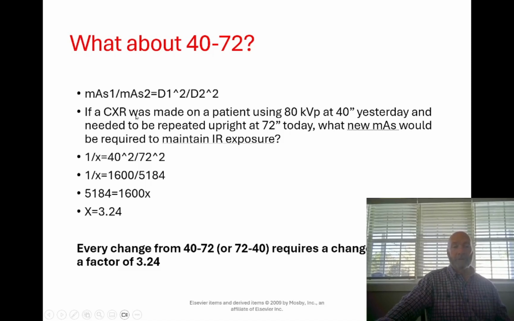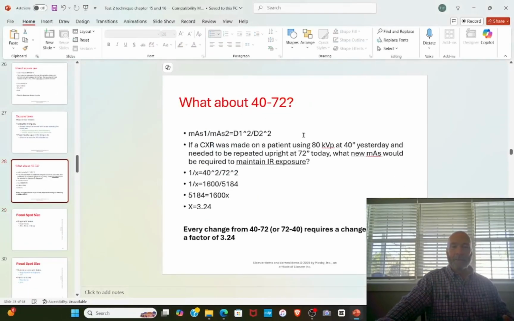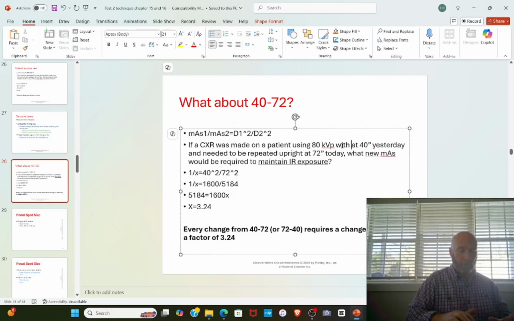So if a chest x-ray was made on a patient using 80 kVp at 40 inches yesterday and needed to be repeated at 72, what new mass would be required to maintain image receptor exposure? And you don't have enough information there. So that would be a bad question on a test. So let's change that real quick with 1 mass at 40 inches.